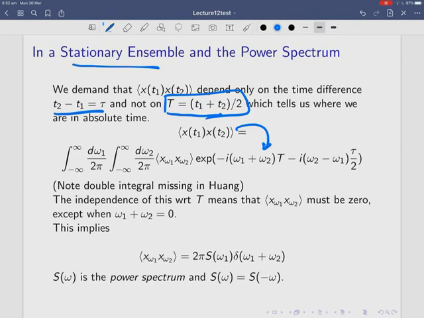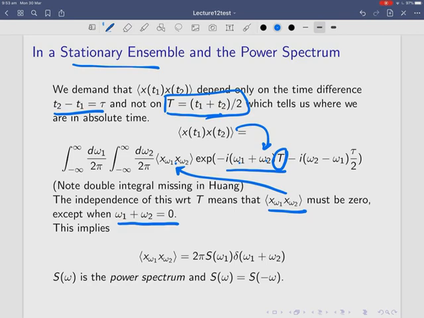If we have something which is independent of big T, which is true for a stationary ensemble, then this thing here must be 0, except when omega 1 plus omega 2 is 0. Basically we've got to get rid of this term somehow, and the only way to get rid of it is to have this 0 except possibly where omega 1 plus omega 2 is 0, in which case T just drops out anyway.